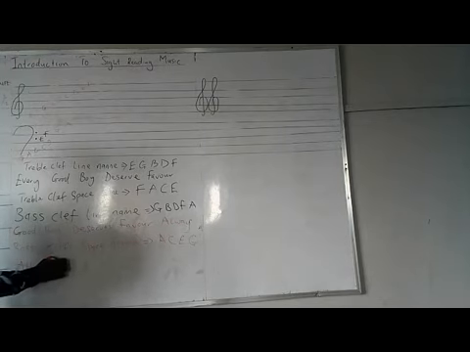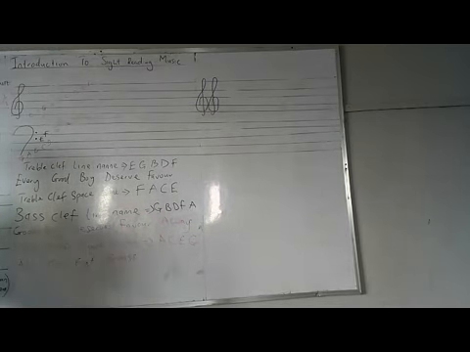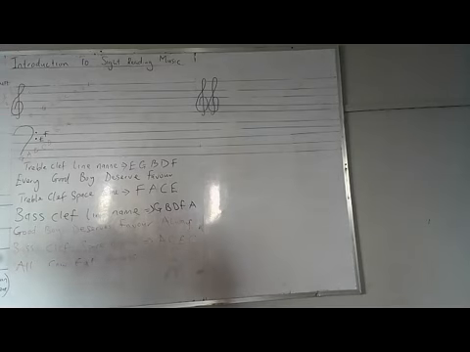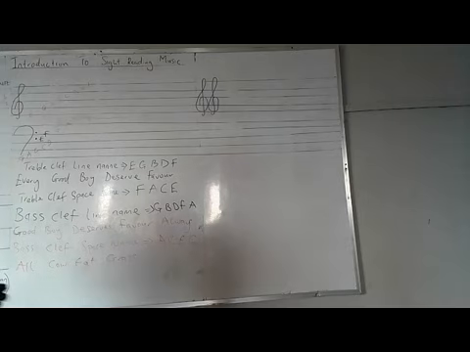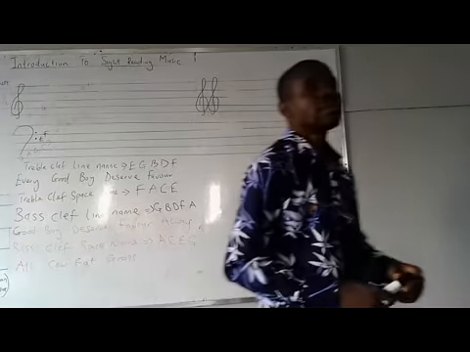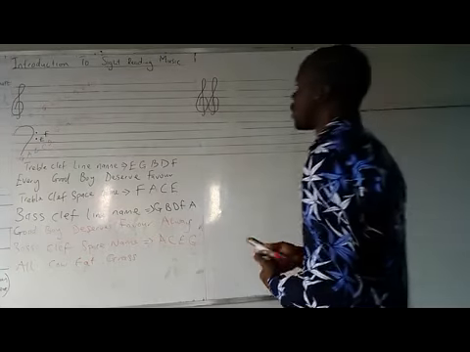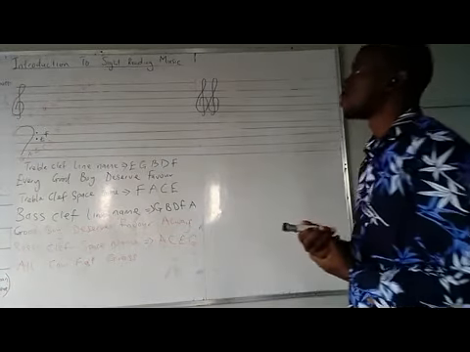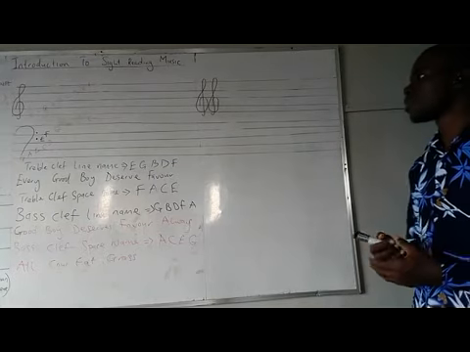All cows eat grass. So ensure that you understand this part very well, and by so doing, you'll be able to understand the further explanation of this topic that we are treating on sight reading music.